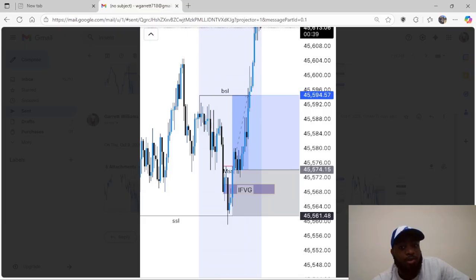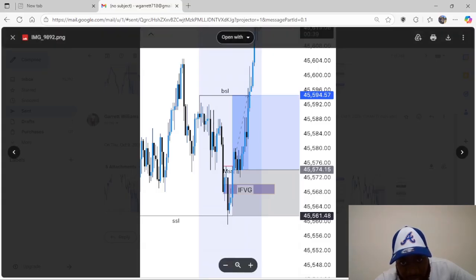Huge rejection, beautiful rejection through the wick. Cool, we know it's a sweep. FVG here turned into an IFVG by this bullish candle here. They disrespected it. So boom, we already have our confirmation. I entered right here as soon as the candle closed.